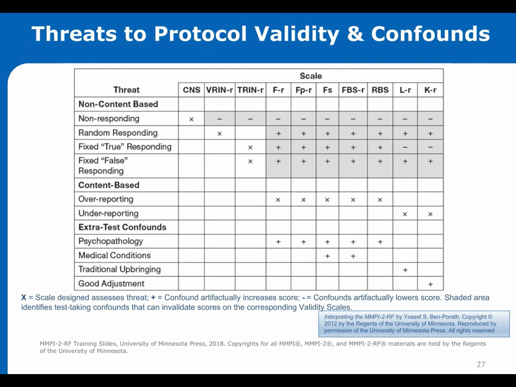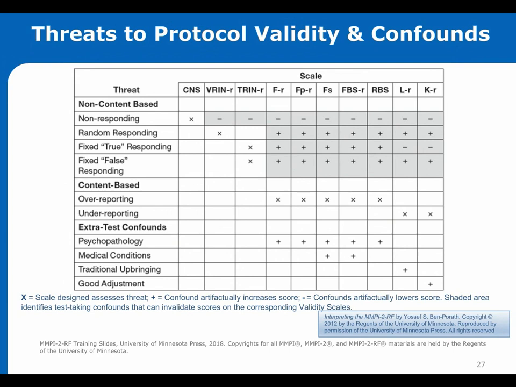And we'll just start with the second row of this table where we see non-responding. Underneath CNS in this row, we see an X. What that means is that this scale, CNS, cannot say, is designed to assess non-responding. We see that the remaining scales in this row have negative signs.